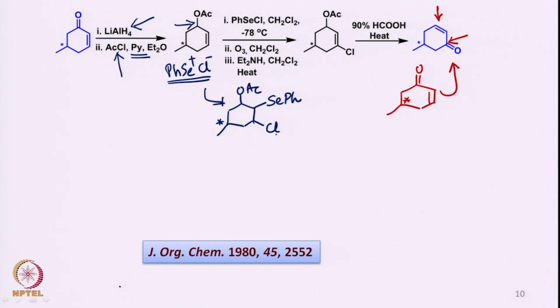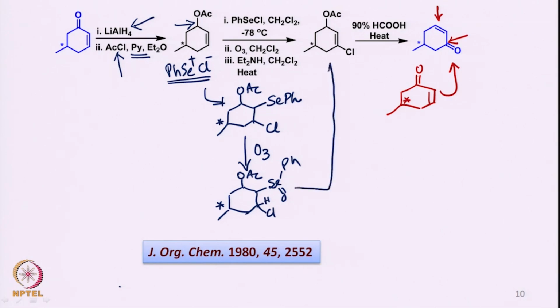Now when ozone is allowed to react with this intermediate, what is formed is the selenoxide, and you have one hydrogen here, and this undergoes elimination to form basically this.